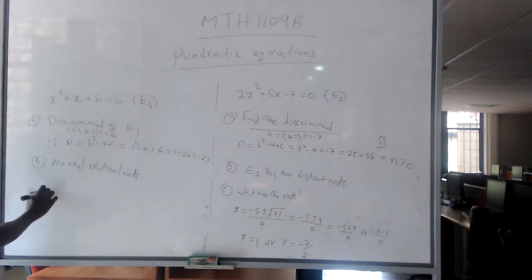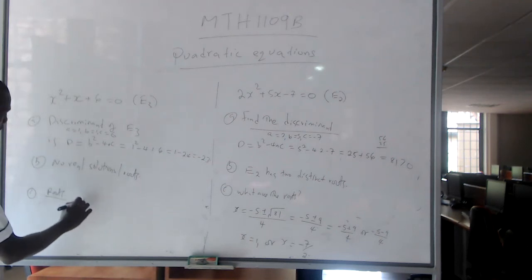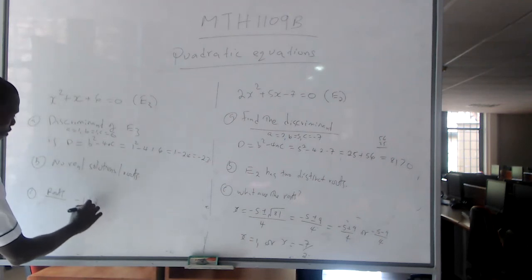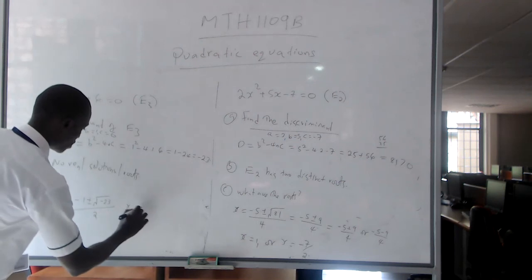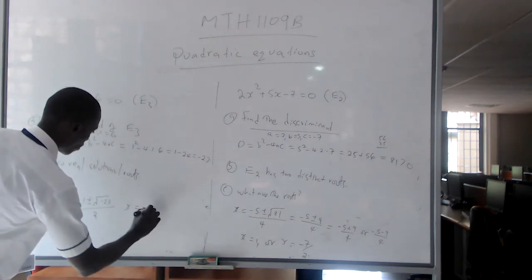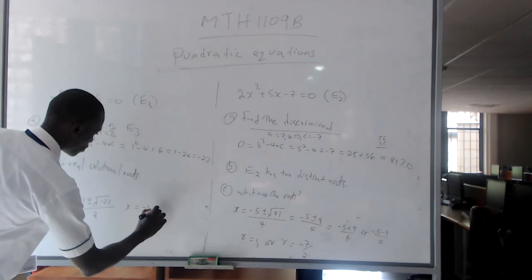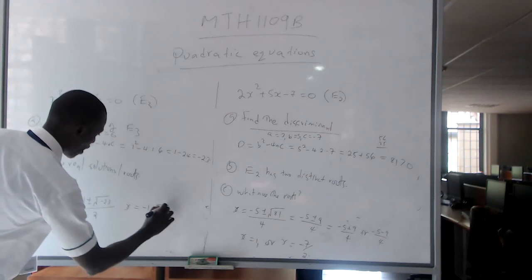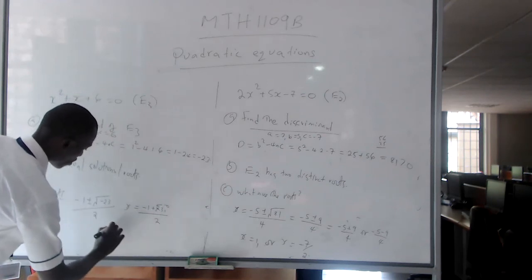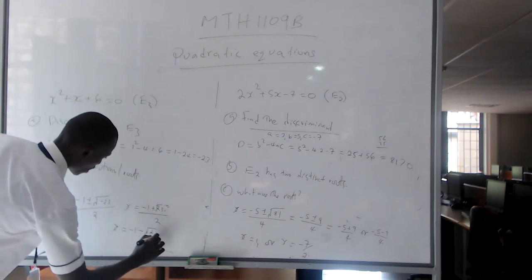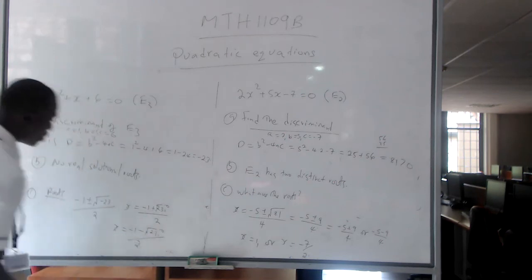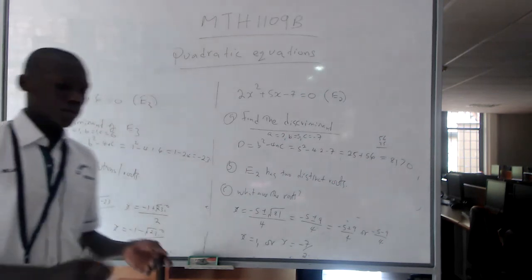Now part C, the roots will be minus 1 plus or minus the square root of minus 23, divided by 2, which will give you x equals minus 1 plus root 23 i divided by 2, or x equals minus 1 minus root 23 i divided by 2. These will be the roots of this equation.